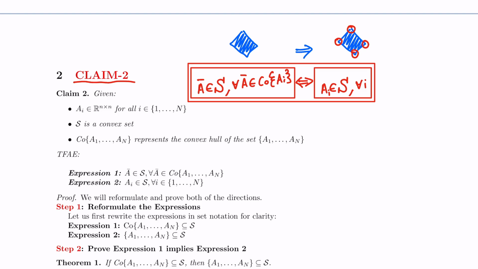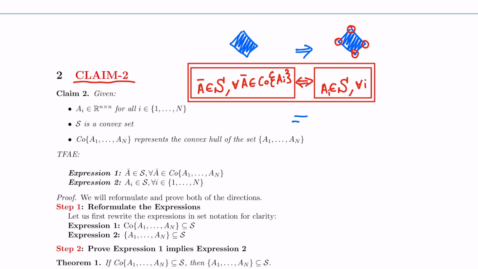For example, if every point in this set belongs to set S, then we would know that the vertices, of course, belong to S, right? Okay, I mean, that quite makes sense.